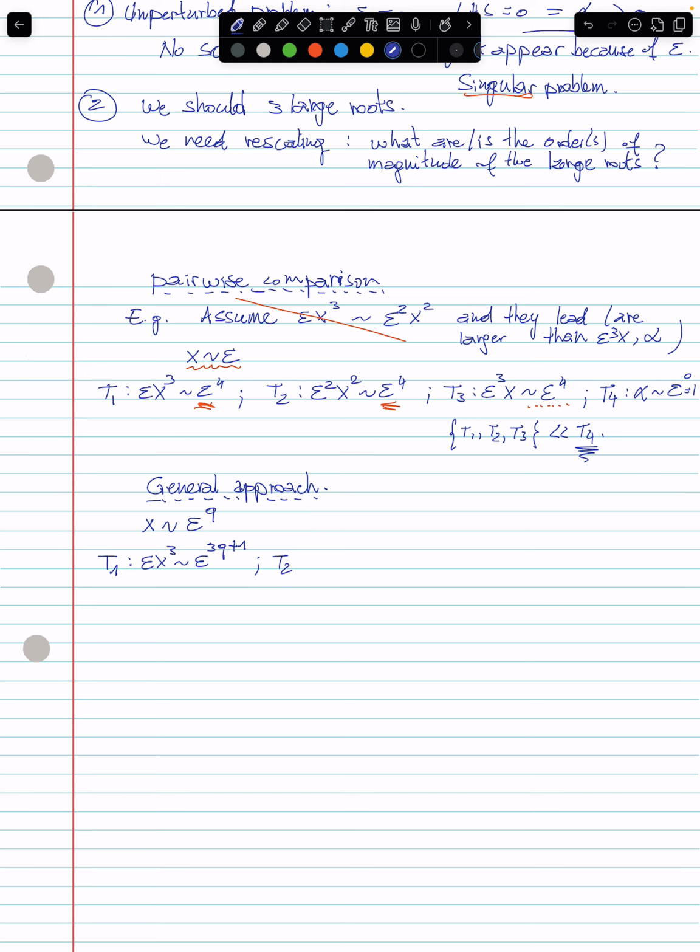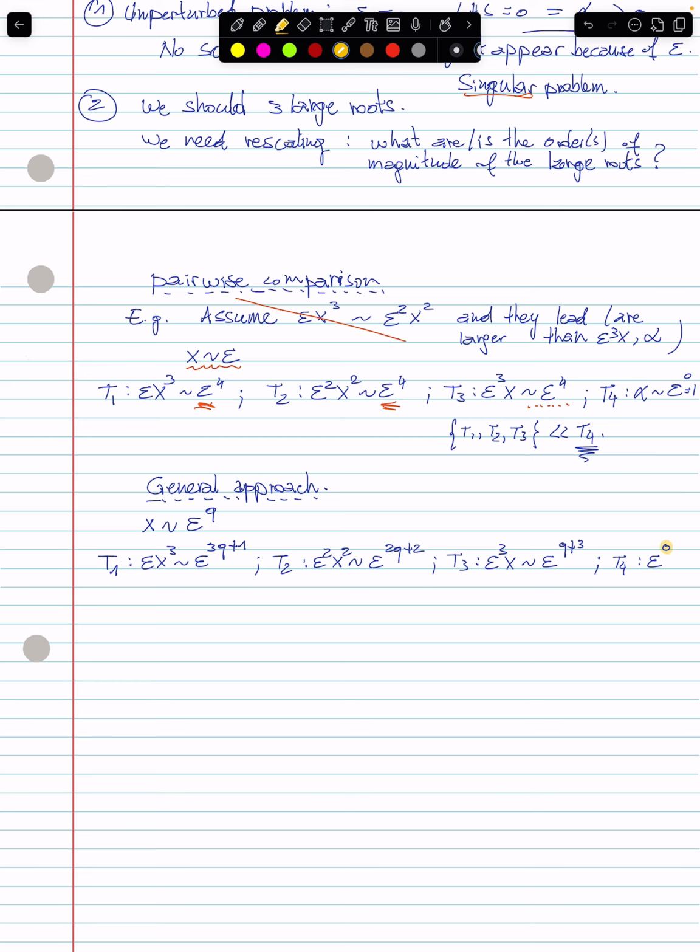The second term is epsilon square x squared, which means epsilon to the power 2q plus 2. The third is epsilon to the third times x, which is epsilon to the power q plus 3. And T4 is alpha, which is of order 1, which means epsilon to the power 0.